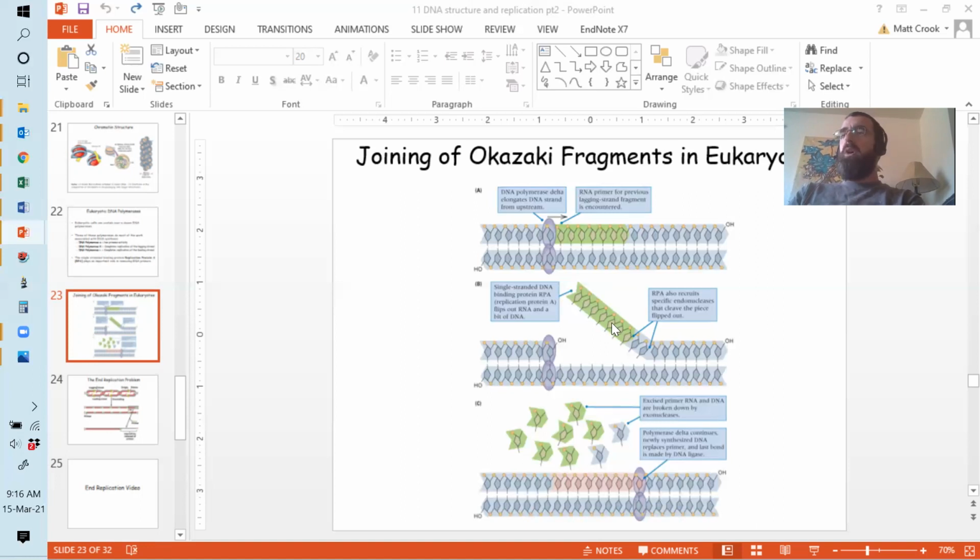So this RNA primer has to be removed because you can't have RNA in your genome. How do you fill in that gap? That's a question to the class. How can you fill in that gap if there's no 3' OH for DNA polymerase to use?